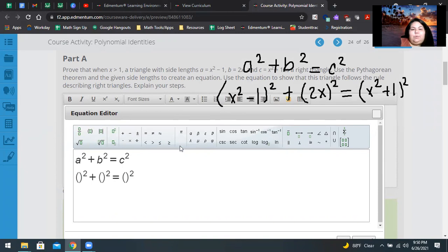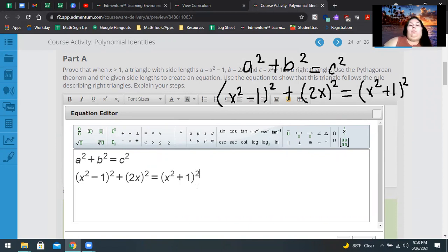We know a is x squared plus 1, so this is x raised to the 2 power plus 1. Then we have 2x, and oh wait, I'm already messing this one up. a is x squared minus 1, so be very, very careful. And then your c is x squared plus 1.